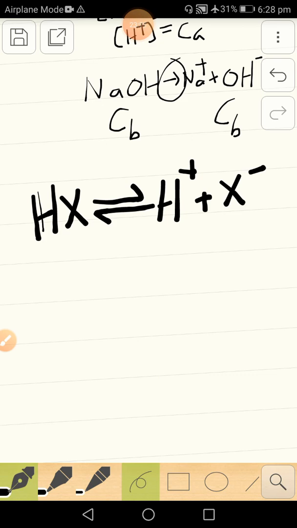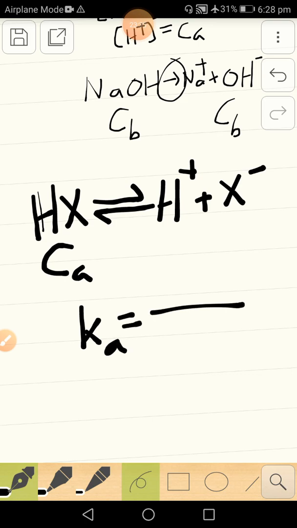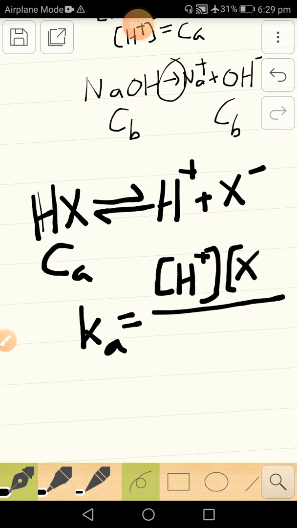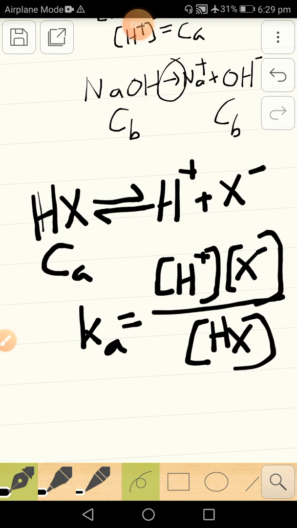Okay, so in these cases, if the concentration of acid provided is Ca, I am not going into a detailed proof of the formula, I am just telling you. Let's write an equation of the equilibrium constant. We are writing Ka, where a stands for acid dissociation. On the top we will have the concentration of H plus and the concentration of X minus, and at the bottom we will have the concentration of HX.